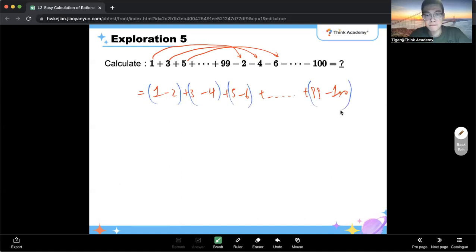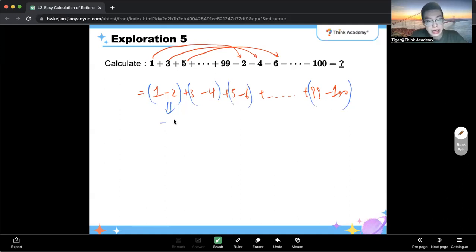Yep. So what is the sum of each group? As I said, there are 2 prerequisites, right? The first one is that each group should be easily calculable. And step 2, we need to make sure that each group have the same sum, such that we can conclude it. Yeah. So yes, that's right.